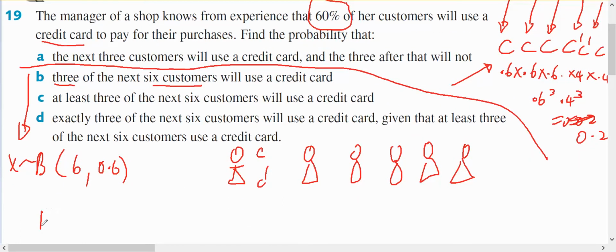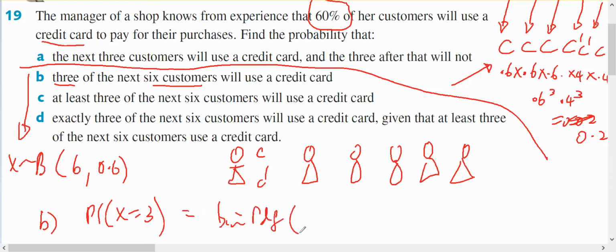So part B is the probability that x equals 3, and that will be binomial PDF, where x equals 3, n equals 6, and p equals 0.6.